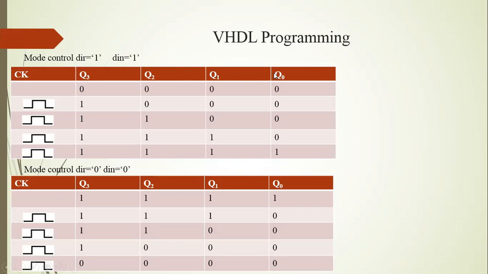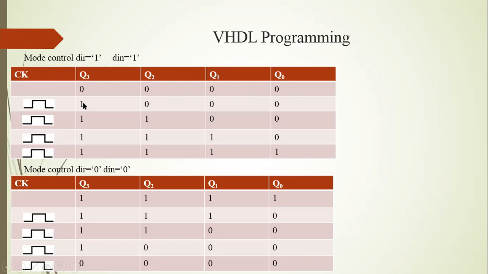Here Q3, Q2, Q1 and Q0 are the outputs of the 4 D flip-flops D3, D2, D1 and D0. Initially the flip-flop outputs are 0, 0, 0. Okay, the first clock cycle is applied, direction is logic 1 and DIN input is logic 1.